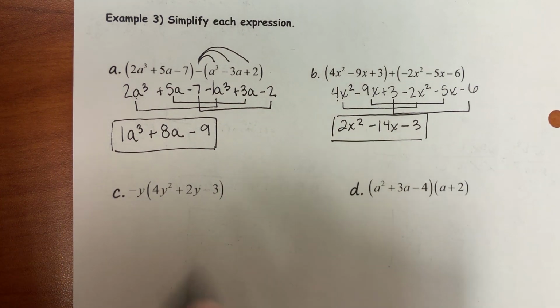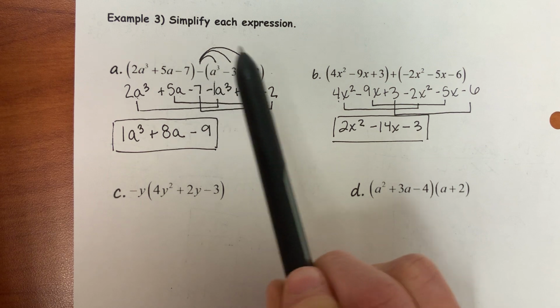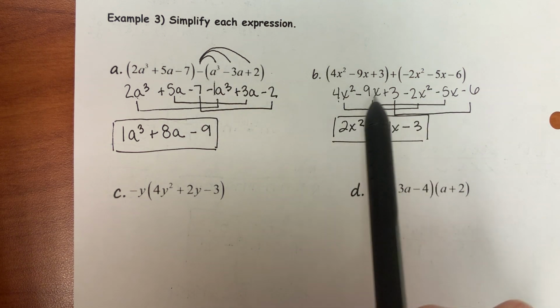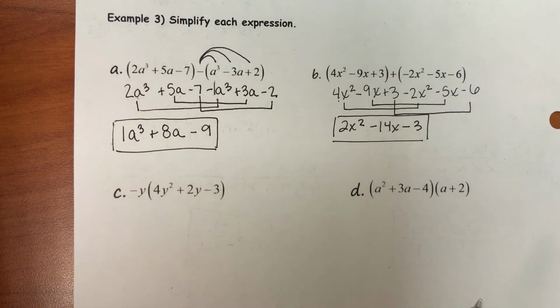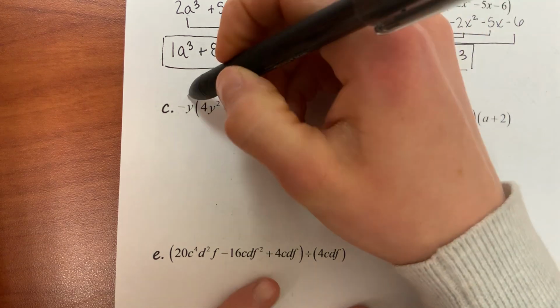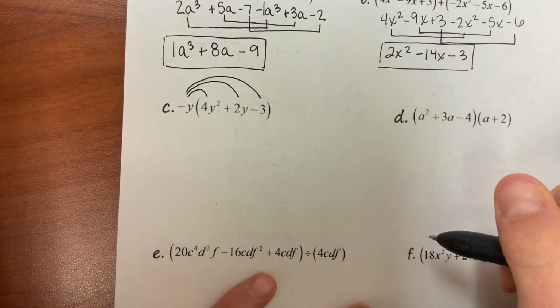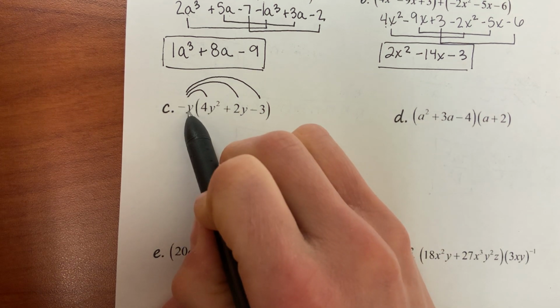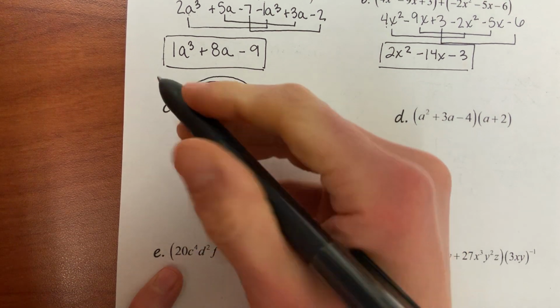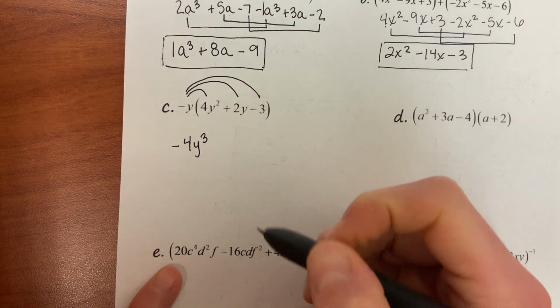All right, so again, for A and B, you're just combining like terms here. So with A, we had to distribute that negative first, but B, we just went right into combining like terms. Okay, C, so C, we have this negative y outside the parentheses, so we're just going to distribute that to all 3 parts within the parenthesis. So when I distribute a negative y to 4y squared, I get negative 4y cubed, okay?